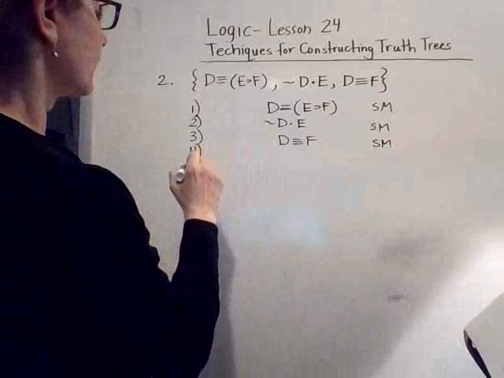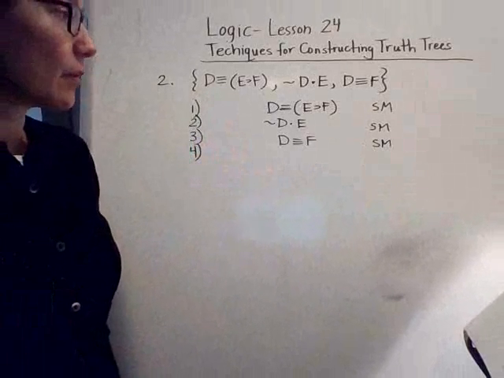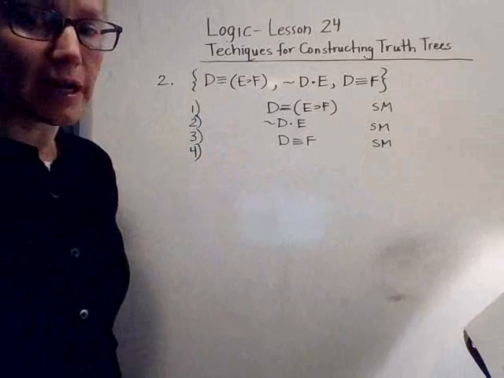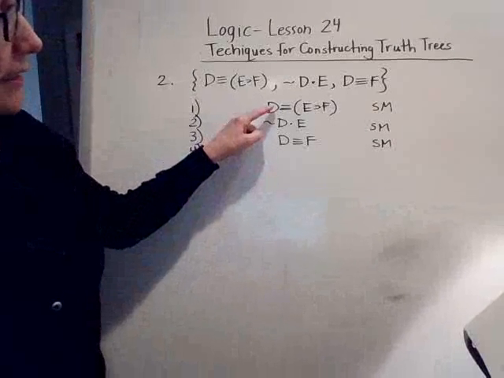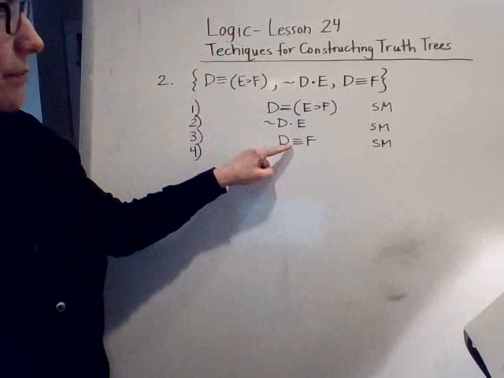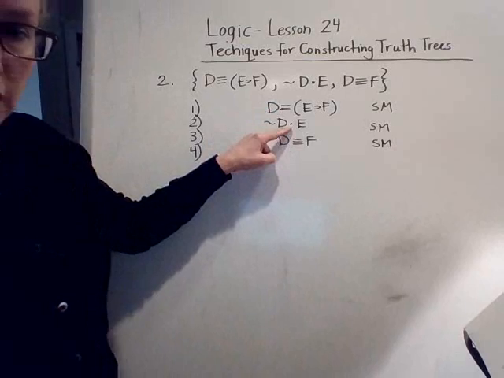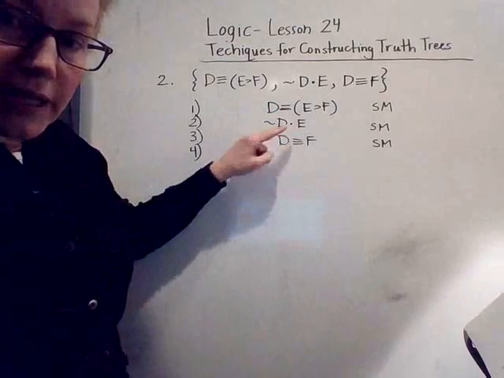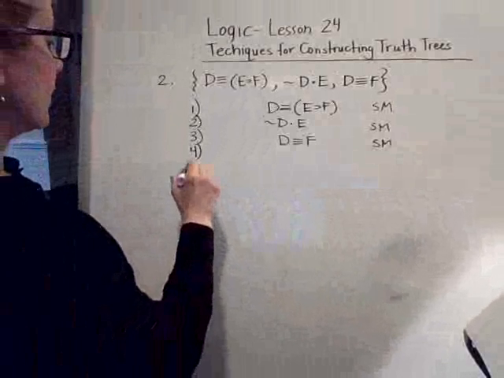Okay, so the first thing we want to do is any non-branching members first. We know a biconditional branches, but here we have a conjunction, and a conjunction does not branch. So we're going to decompose line 2 first.